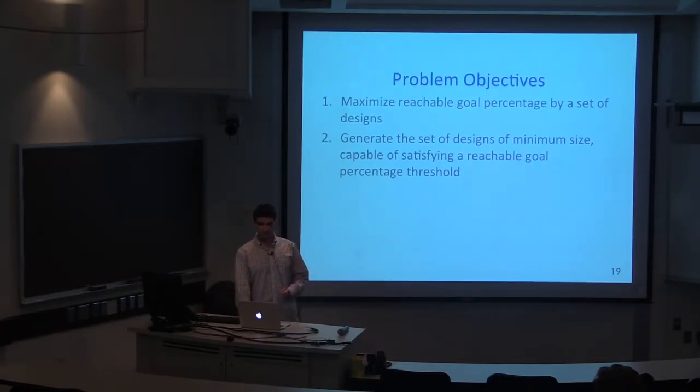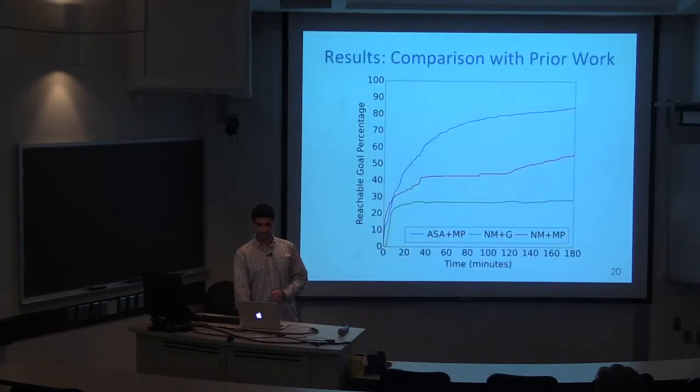So we applied our algorithms to this scenario as well, and compared it with prior work. In this case, our algorithm is highlighted in blue, and we can see that within the same amount of time, our algorithm is able to find a set of 2 designs that is able to reach 80% of the entire lung, which is much greater than that of other design optimization algorithms.